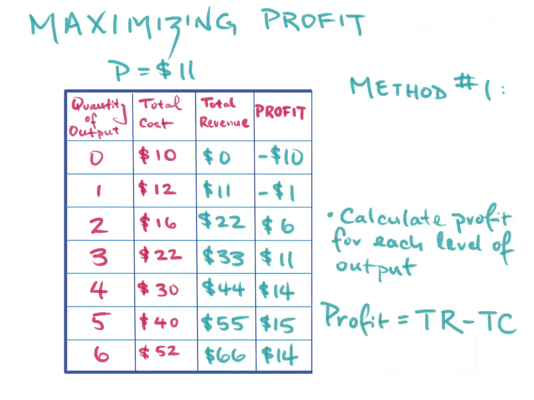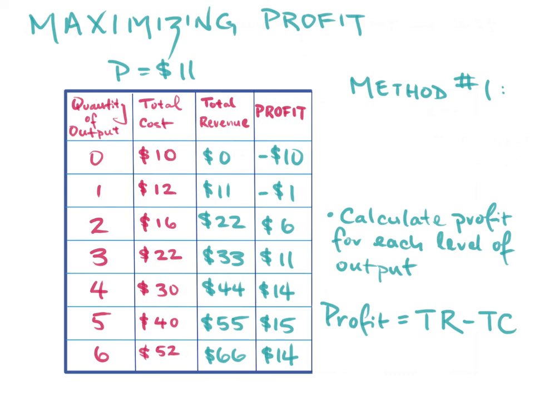The next step is to calculate the profit from each level of output. Profit is the difference between total revenue and total cost. So when the firm produces 0 widgets, revenue is 0, cost is 10, the profit of the firm is negative $10. In other words, the firm has a $10 loss.